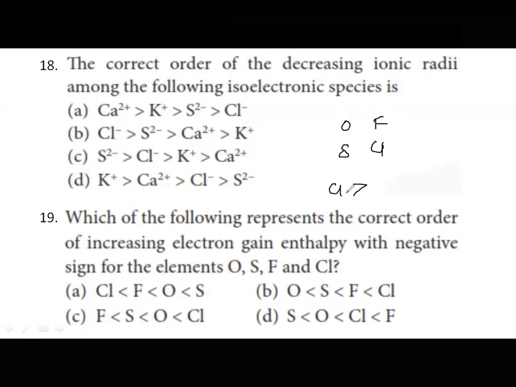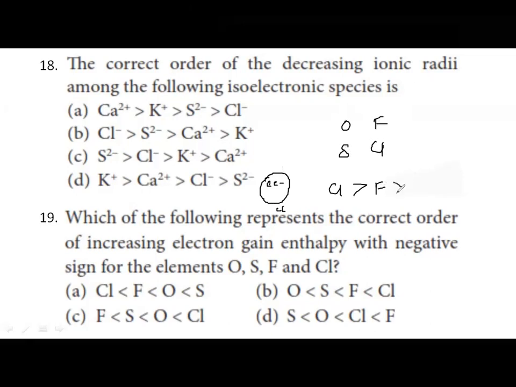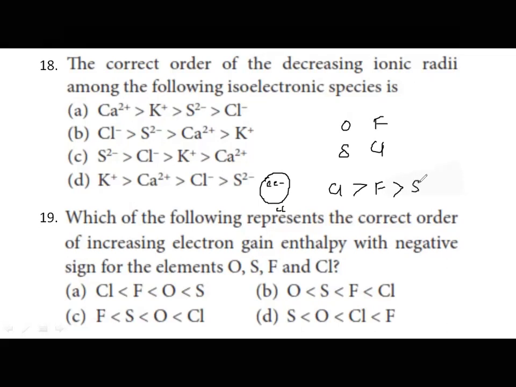Why? Because since atomic size of chlorine is slightly more than fluorine, electron-electron repulsions are less, whereas here electron-electron repulsions are more. So here large amount of energy will be released. Then comes fluorine. If you consider fluorine and sulfur, which is more? Fluorine is more. After fluorine, sulfur comes, and then oxygen. Understanding?